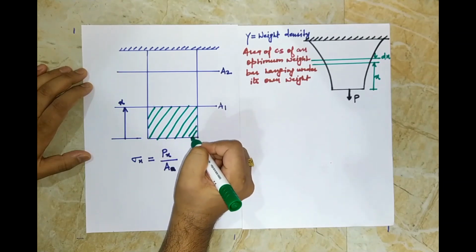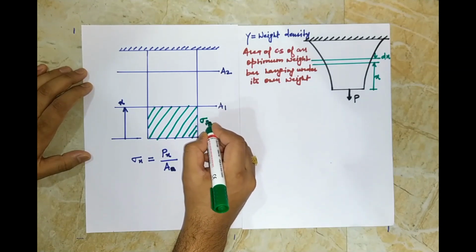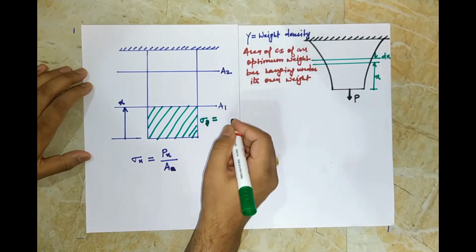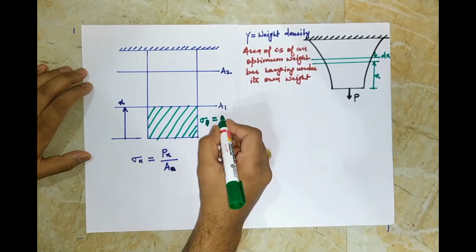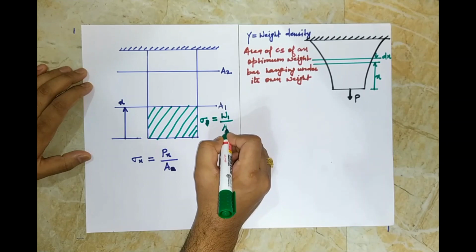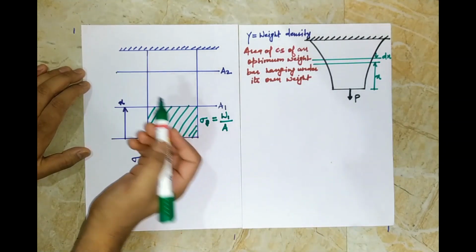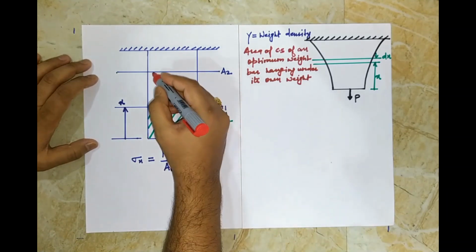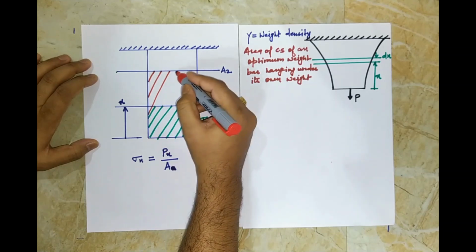So the stress here, sigma 1, acting at cross section A1 will be equal to the load, that is the weight of the material here, divided by the area of cross section. Now let us take another cross section wherein the total volume of the bar hanging below it will be this much.